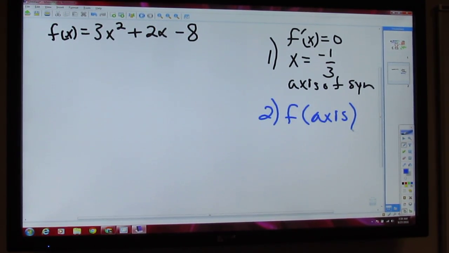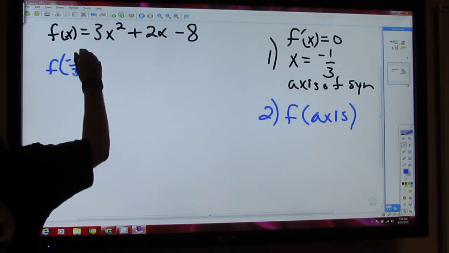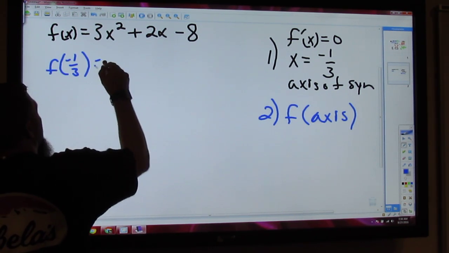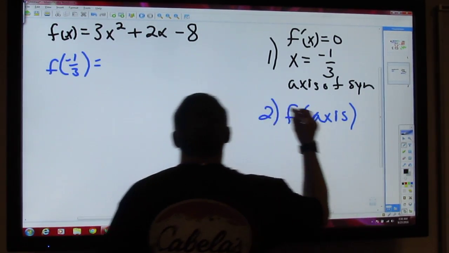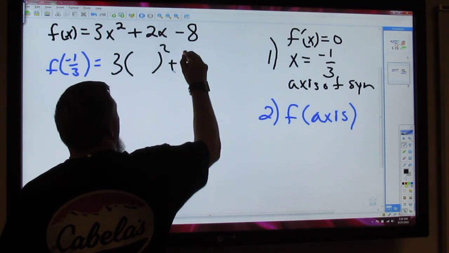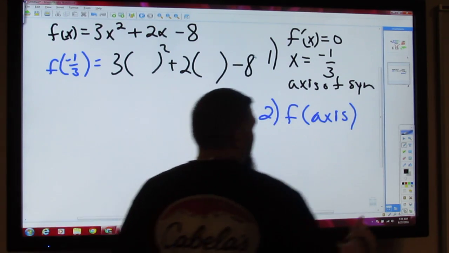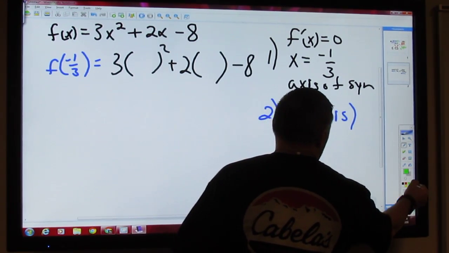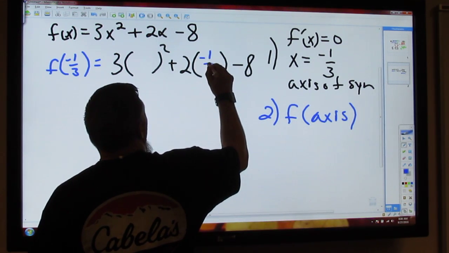That just means I find f of negative 1/3. So I have 3 times x squared plus 2 times x minus 8, and then I plug in negative 1/3.